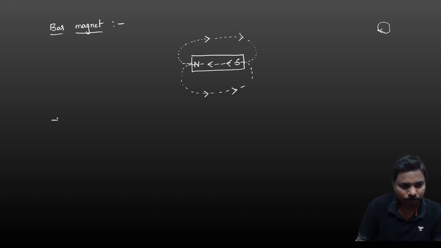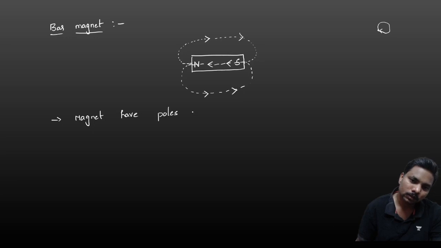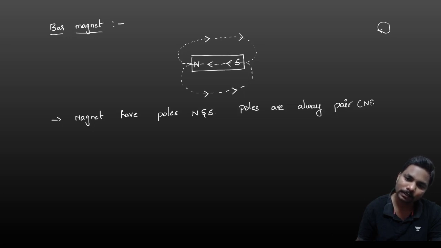So note down, magnets have poles, north and south. These poles are always in pairs. Pair means north and south, even multiples, 2, 4, 6, 8 like that.